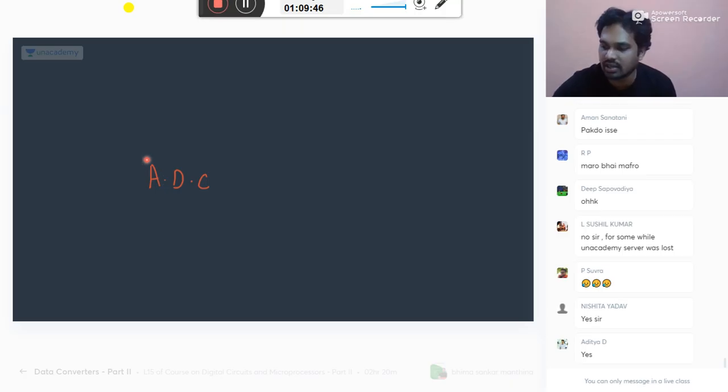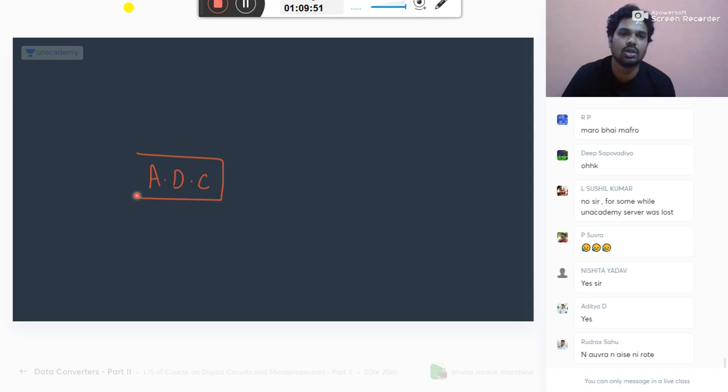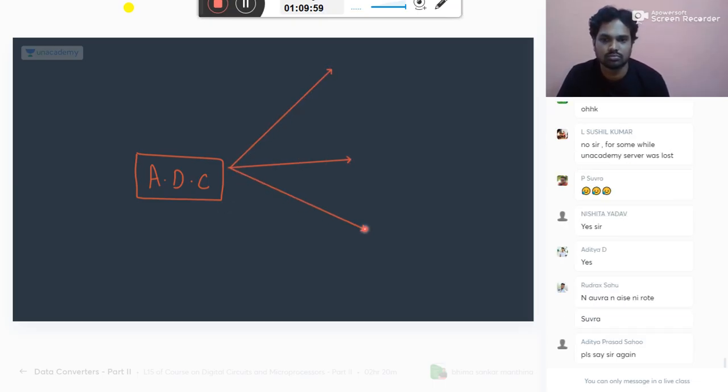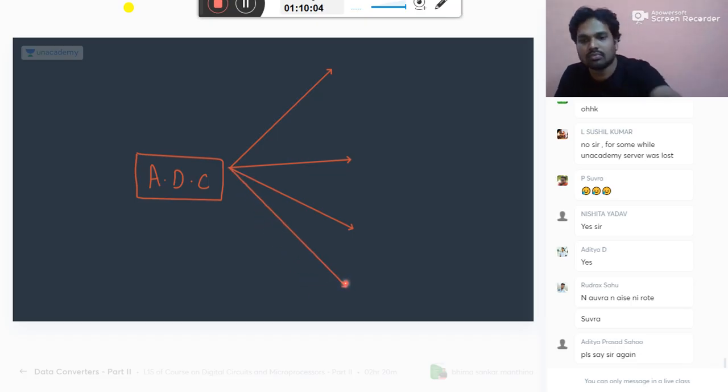What is ADC? Analog to digital converter. In that we are going to discuss 4 things. So analog to digital converters.